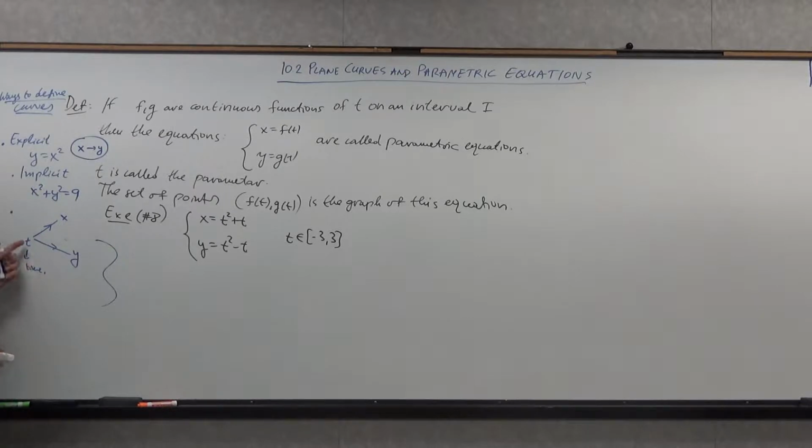So t also gives us the chance to describe some curves that do not meet the vertical line test. Also, for explicit functions like y equals x squared, usually things go from left to right. Here you will see motion that goes sometimes left, sometimes right, sometimes up, sometimes down. So we have much more freedom to describe different curves.